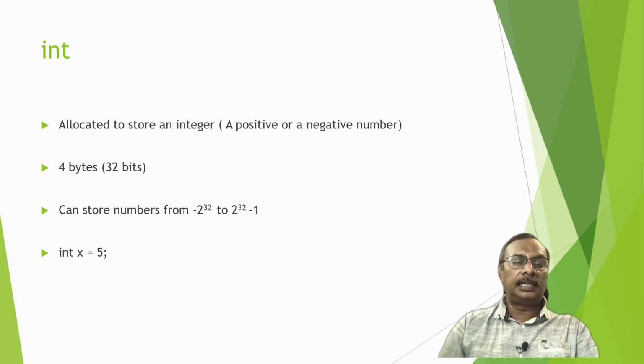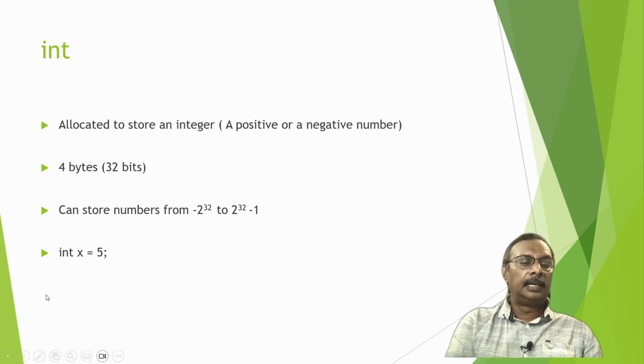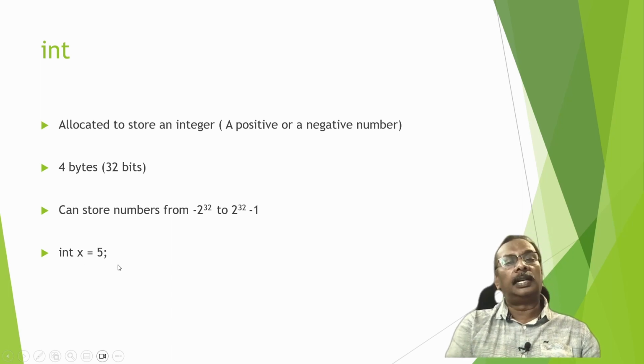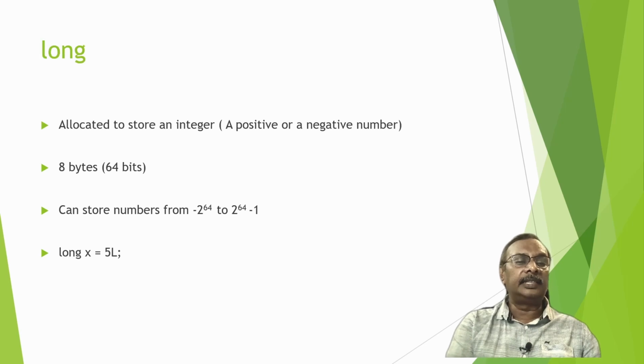That is the maximum and the minimum value you can store as a whole number. And again the syntax is data type, variable name, equal to value. So int x equal to 5. That is how we define an integer variable. This is for storing numbers, the whole numbers.